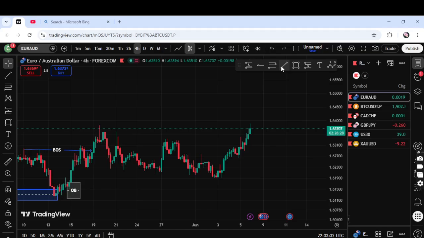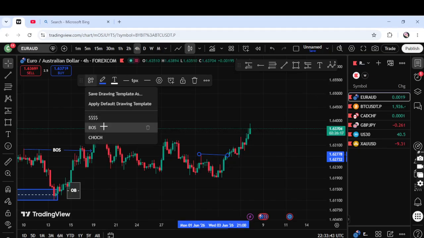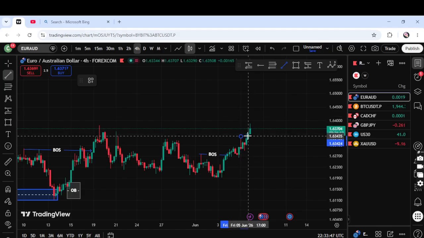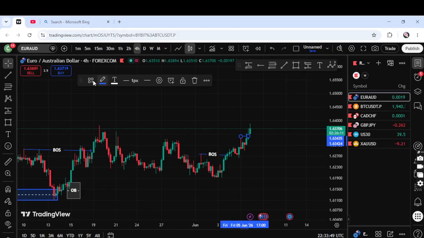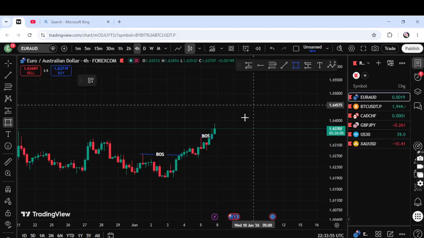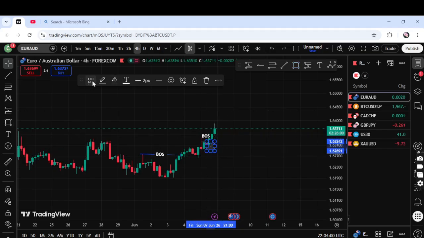So let's just use the internal break of structure here. Break of structure. Another break of structure here. Where is the recent break of structure? It's another block here. Another block.